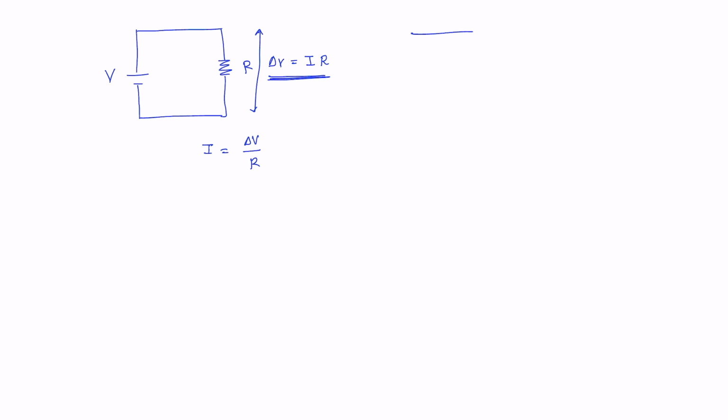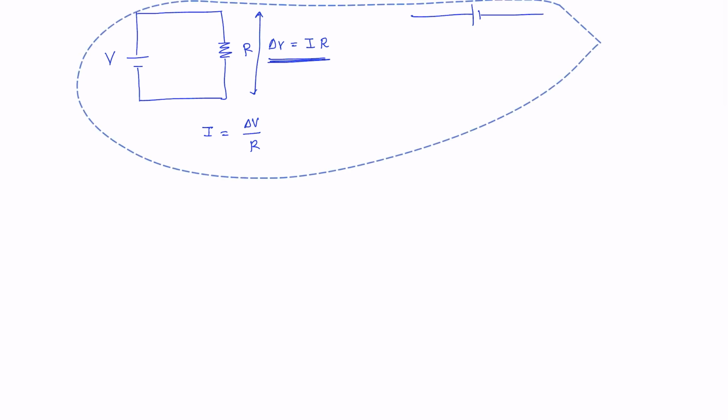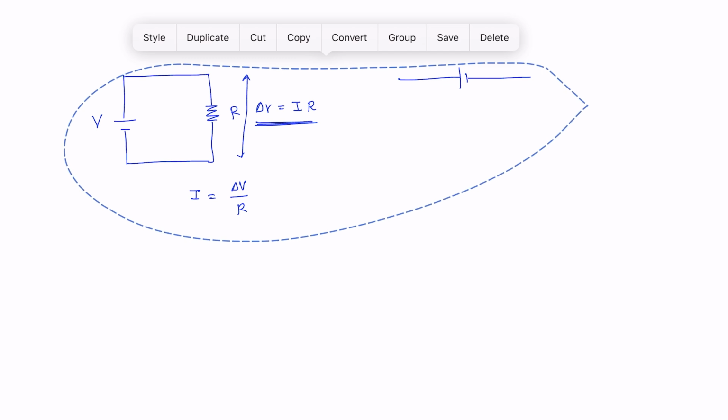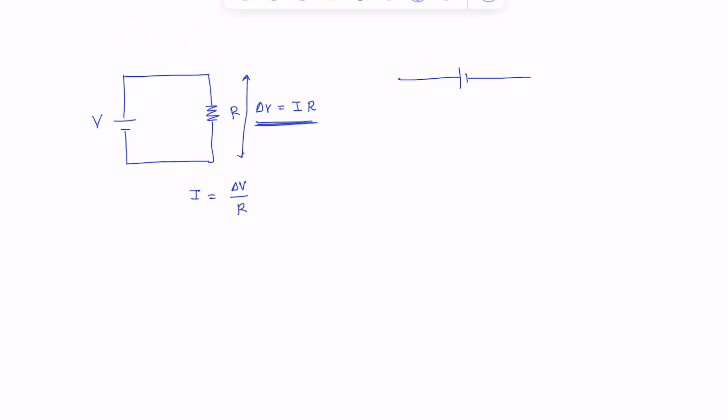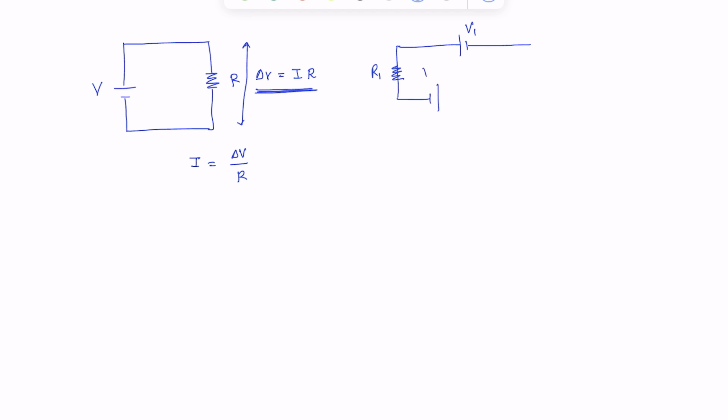So let's say you have a circuit like this, where this is resistance R1, V1, let's say for fun we also have V2, and one more resistor R2, and one more resistor R3.